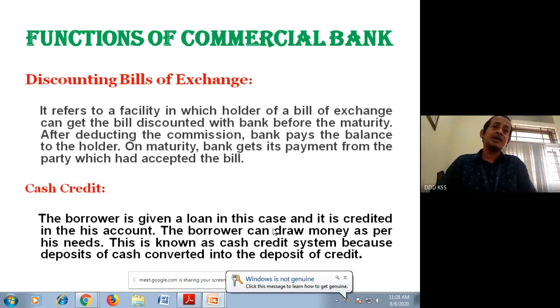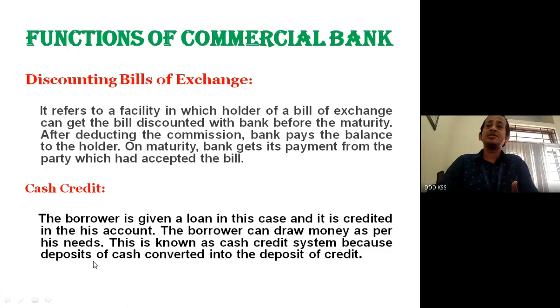Okay, now we'll go to cash credit. Cash credit is another primary function of the commercial bank which comes into the category of advancing loans. Now in the cash credit category, what happens? The borrower, or the cash credit account holder, is given a loan in cash, and it is credited in his account. The borrower can draw money as per his or her needs. This is known as the cash credit system because deposit of cash is converted into deposit of credits.